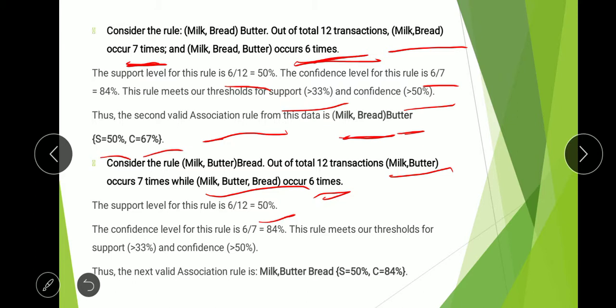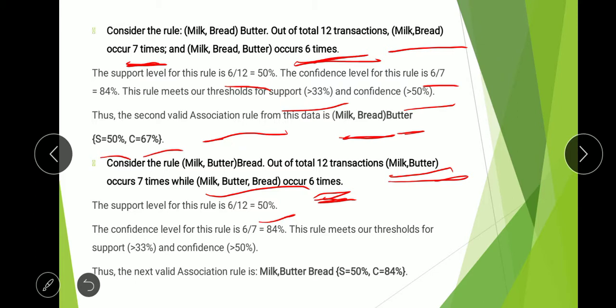Okay. Confidence level is probability of Y given X. What is Y? Bread. Given X, milk and butter. So it is probability of X union Y divided by probability of X. Probability of X union Y is nothing but this one, 6, divided by probability of X is milk and butter, that is 7. Therefore it is again 84%.